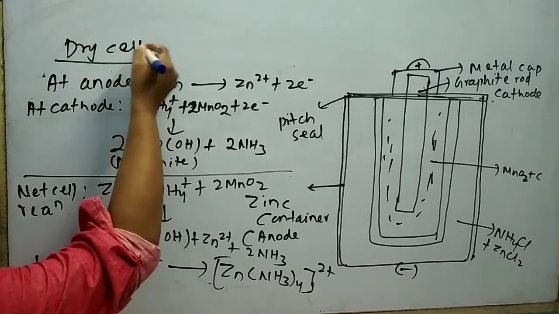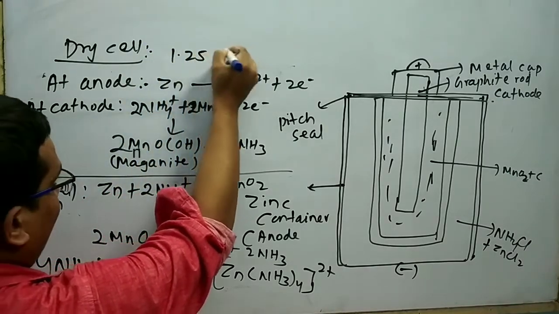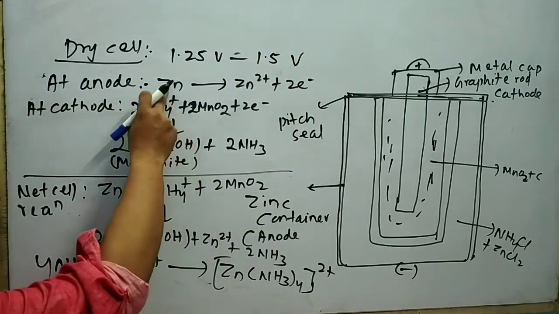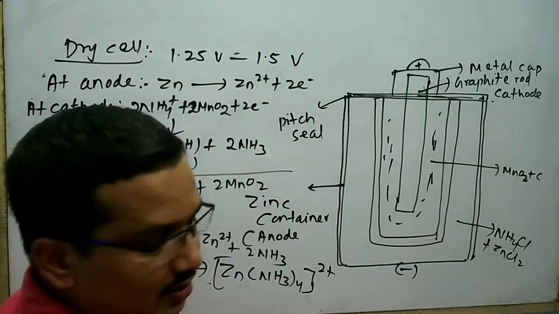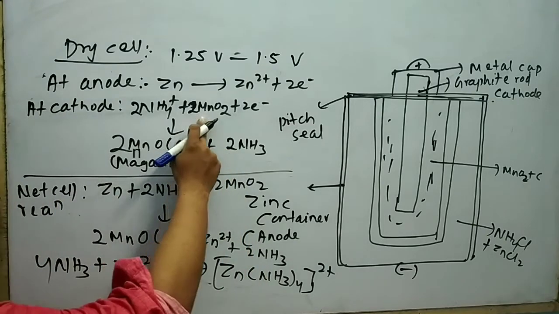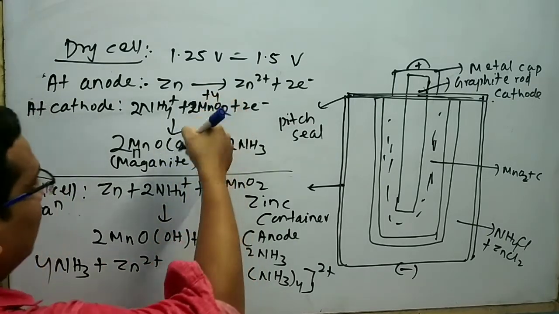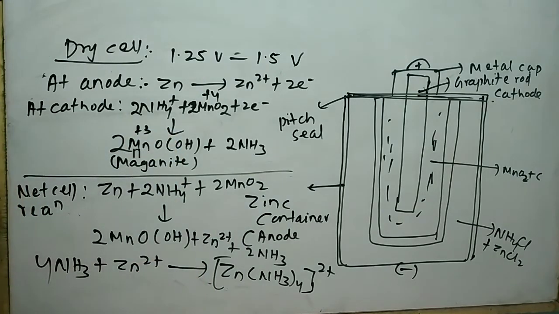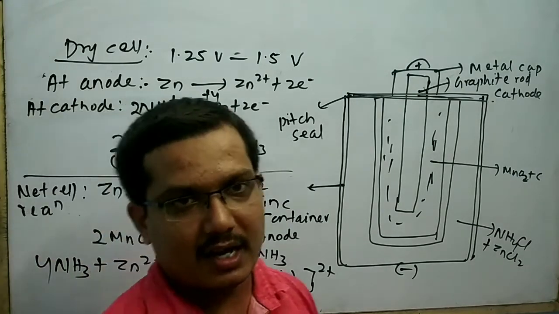The cell potential of the dry cell is 1.25 volt to 1.5 volt. In this case, Zn is converted into Zn2+, and Mn4+ changes to Mn3+. This is all about the dry cell.